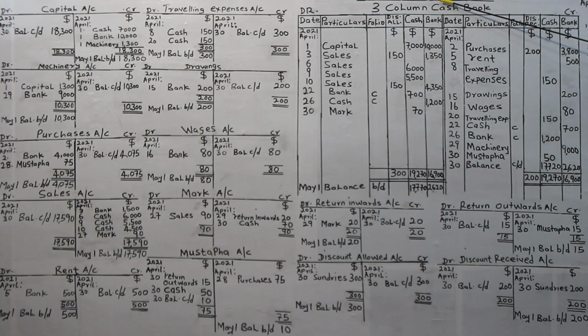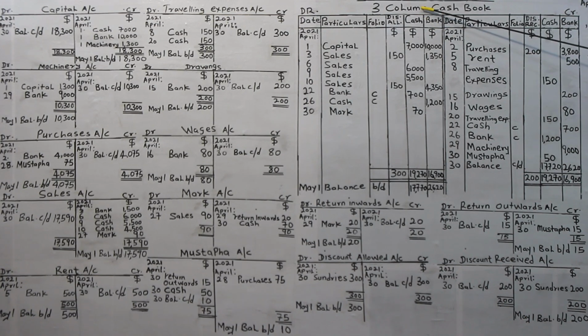Now, to prepare the trial balance, firstly, we are going to collect the cash balance and the bank balance. The balance brought down of cash in the 3-column cash book is 17,770 and it's on the debit side.